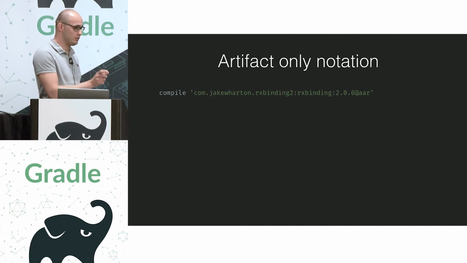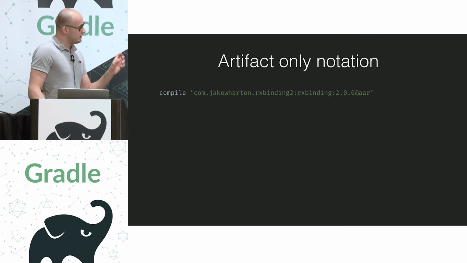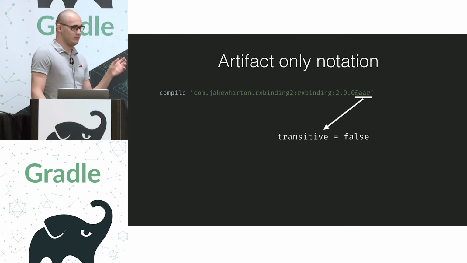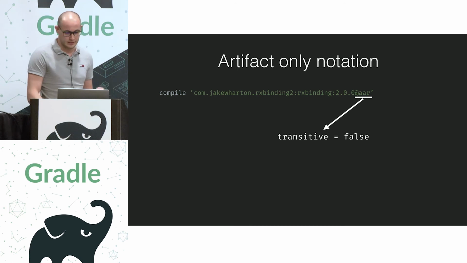But if we say, I only want this artifact, we'll only get this. Usually we don't need that because most libraries ship only one artifact, AAR or jar or whatever. So it gets resolved automatically. But if we do say, I only want AAR, this is literally, I only want this library's AAR. So this implies that transitive is false now. And like, you only want AAR, you will only get AAR.